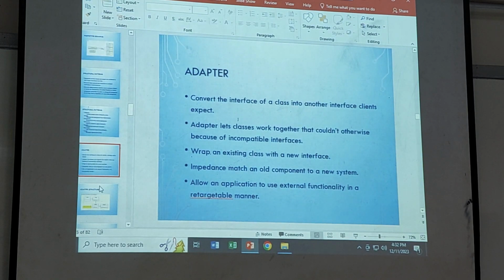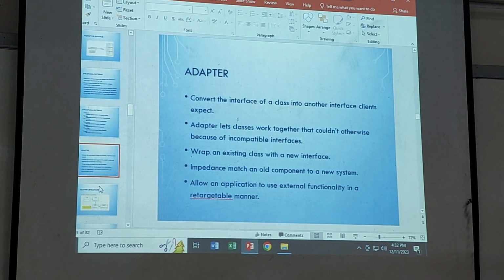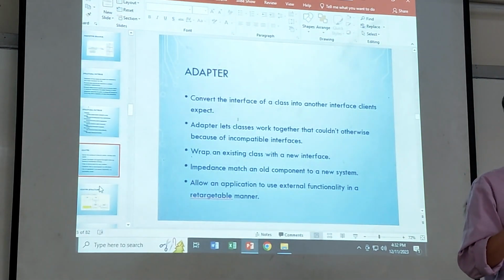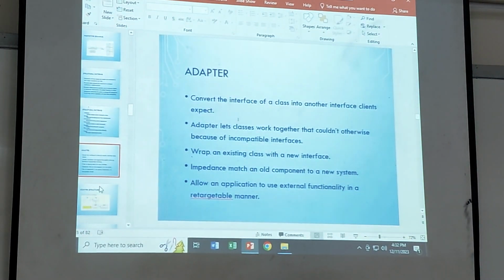Okay, another pattern is applied when your object or class needs to connect to a different interface. Let's say for example, we are going to create a software system.